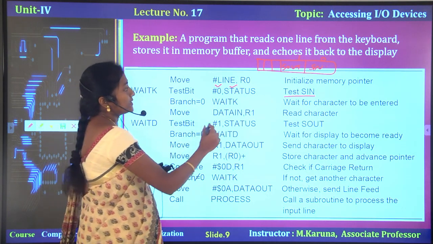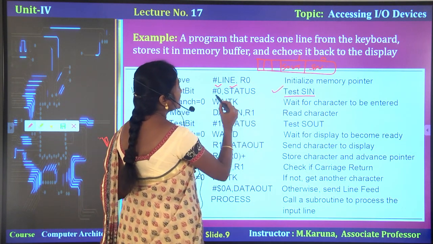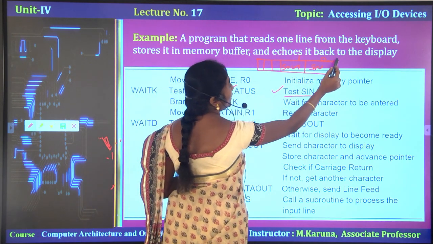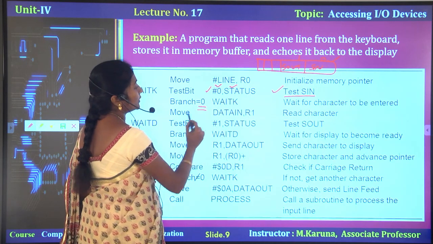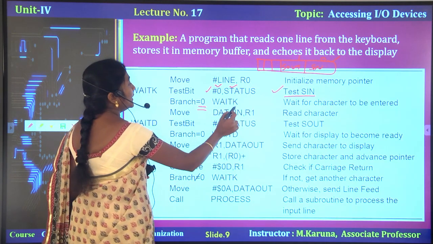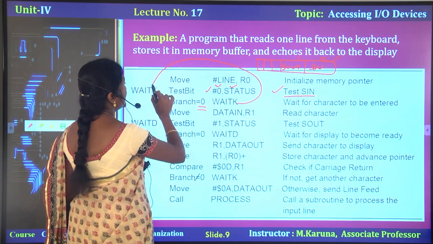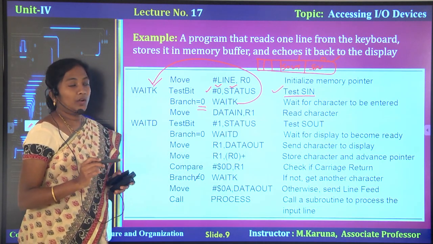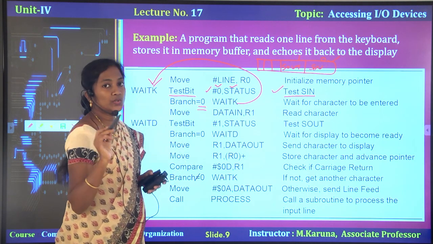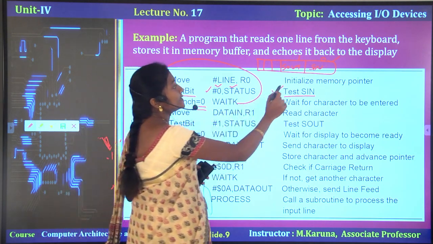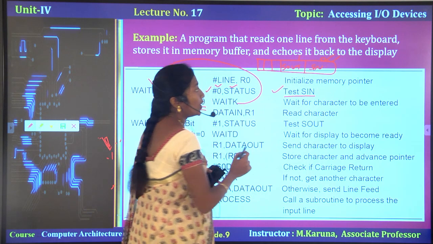Here the status bit is checked with the 0th bit of SIN. If that status bit is equal to 0, then the processor enters into waiting mode. The test bit instruction is used to test whether this 0th bit is 0 or not.